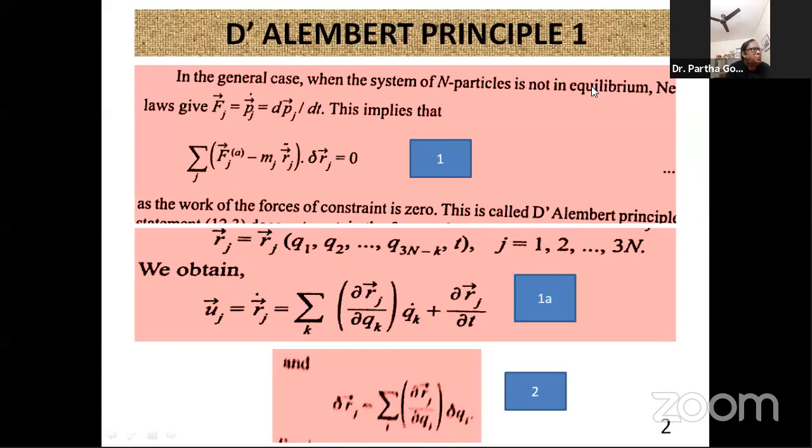And the virtual displacement similarly could be written as the sum over all i of drj/dqi times delta qi, the unsummed index which has been left out being j. So virtual displacement delta rj is defined in this fashion.